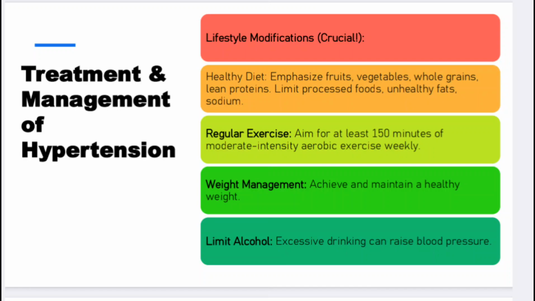Then regular exercise: aim for at least 150 minutes of moderate to intense aerobic exercise weekly. Then weight management: achieve and maintain a healthy weight. Then limit alcohol. Excessive drinking can increase the risk of high blood pressure.